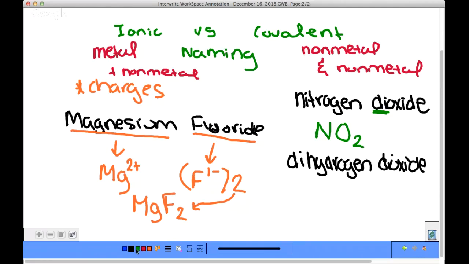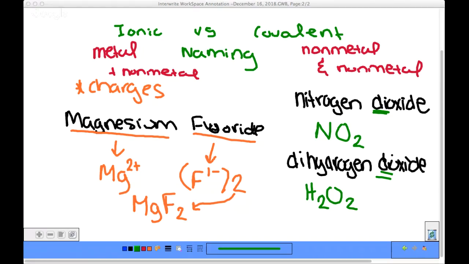Now notice that we have a 2 in front of hydrogen, so we have 2 hydrogens, which we write as H2. We have 2 oxygens, so we put O2. Again, notice the difference between naming ionic and covalent bonds. I would say the most challenging ones to name are your ionic compounds because you have to make sure that your charges are balanced. So double check that.